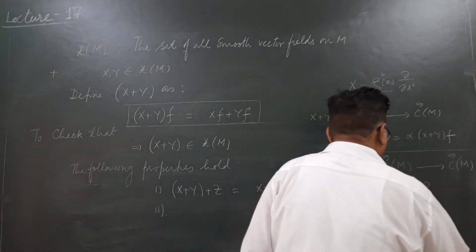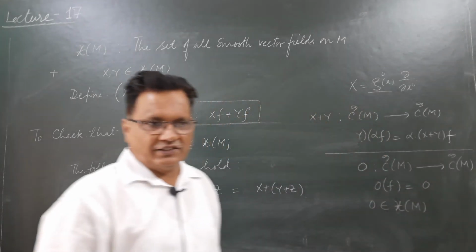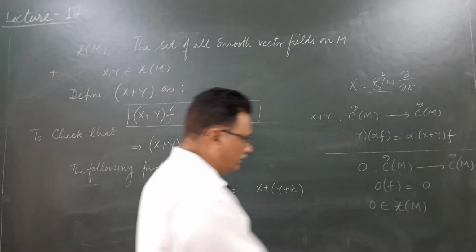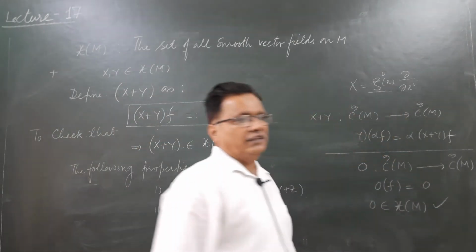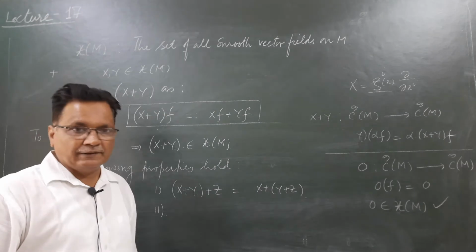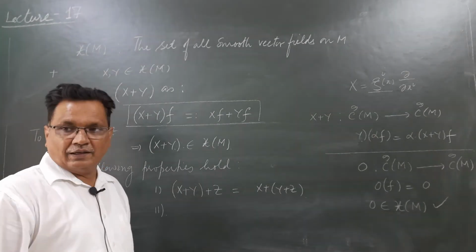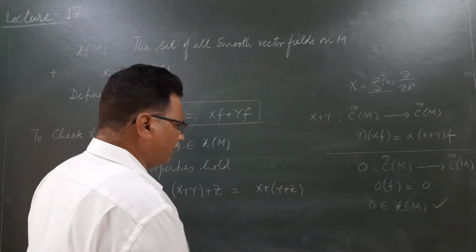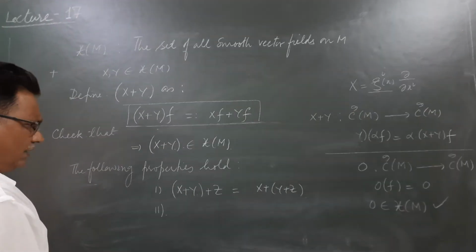So yes, it satisfies the linearity and it satisfies the Leibniz property. Then only you will say कि yes, it is an acceptable vector field. Okay, that can be done easily. I think these simple observations one can easily check.